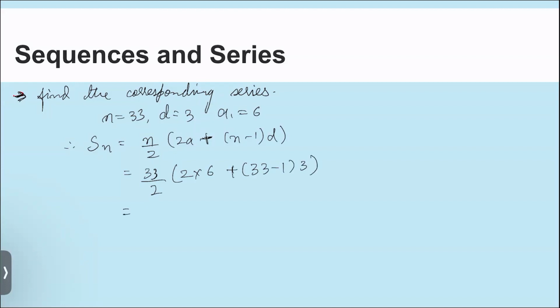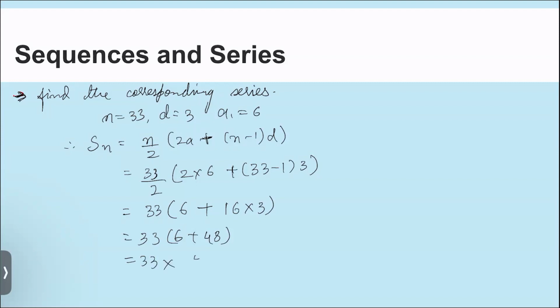So this will be 33 by 2 times (6 plus 32 divided by 2 is 16, 16 into 3, that is 48), so 6 plus 48.